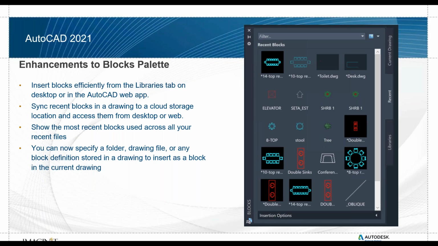And so you'll be able to access blocks that you've currently or recently used. The other nice one is the library. And that's where you can directly point it to a specific folder or drawing so that you can see the different locations of your drawings or your blocks from different places. And that's a customizable setting.